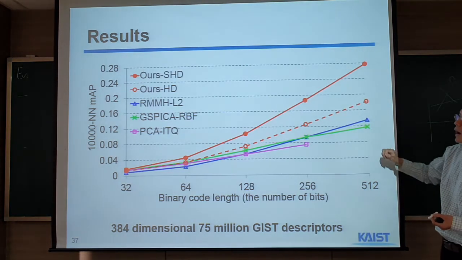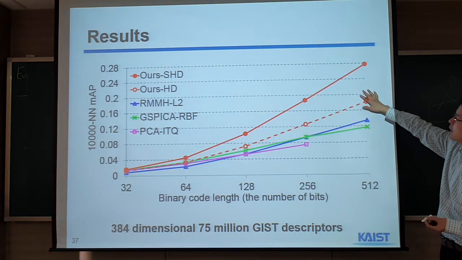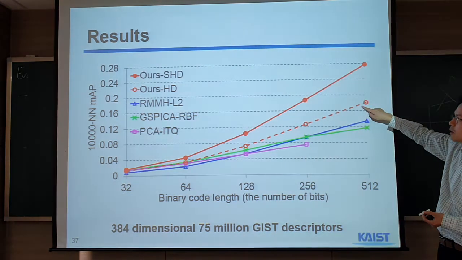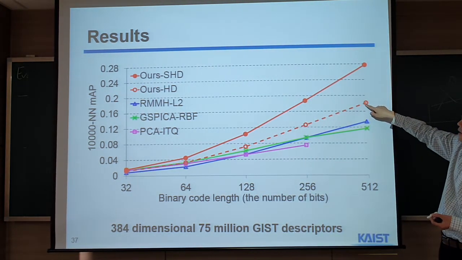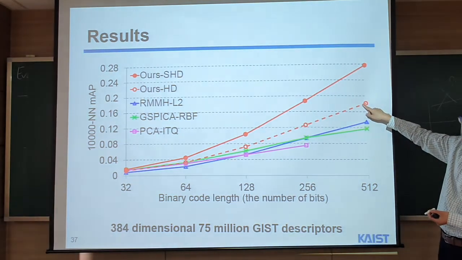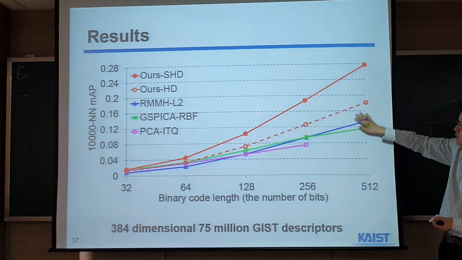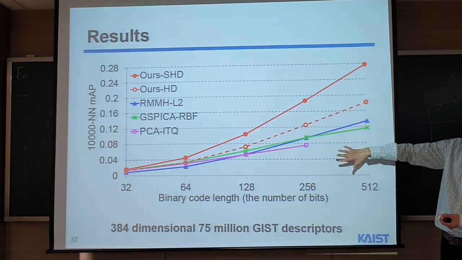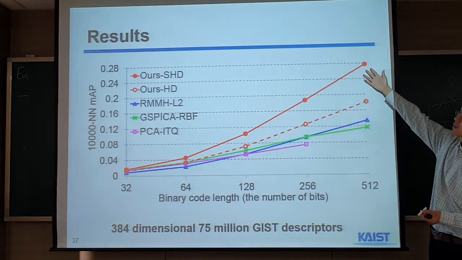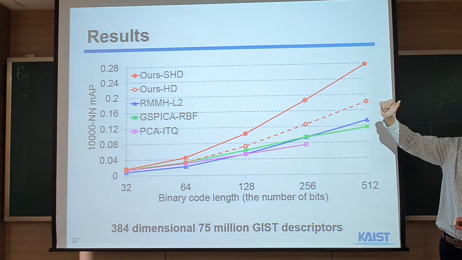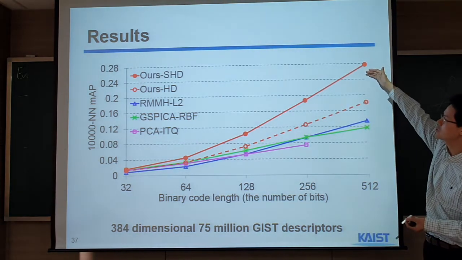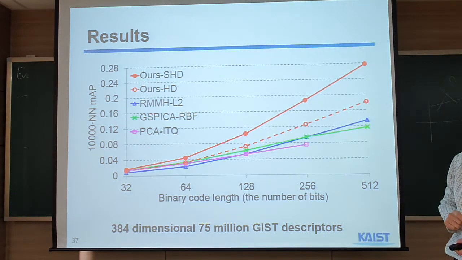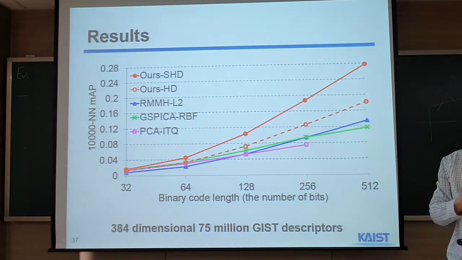As you can see, using our spherical hashing based on the hypersphere with Hamming distance, as we use more bit length, we show better accuracy than the prior one. But by using the spherical Hamming distance, just a minor change, we get much better accuracy. So I'd like to point out the importance of this distance function.